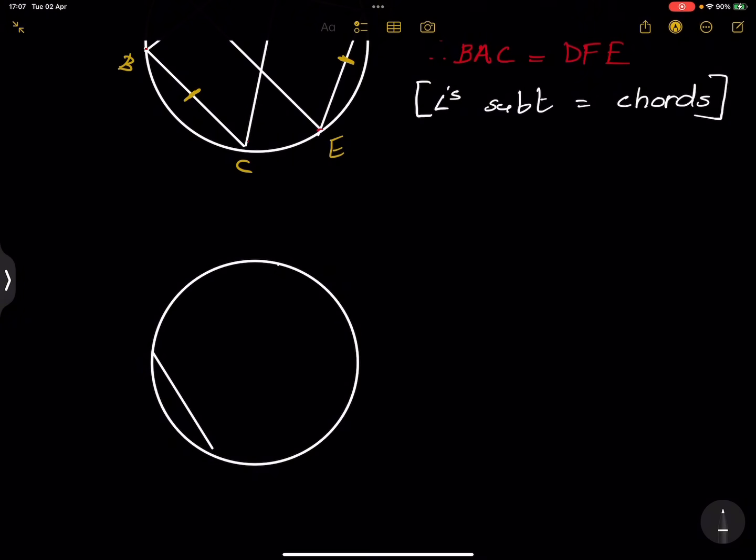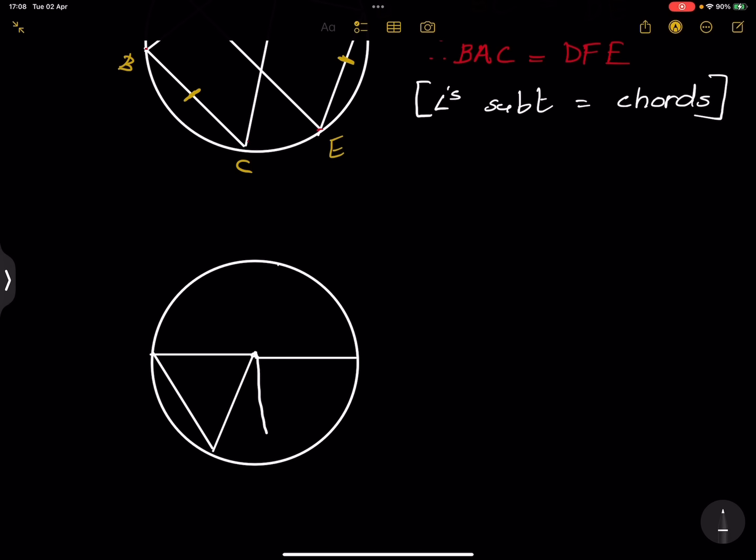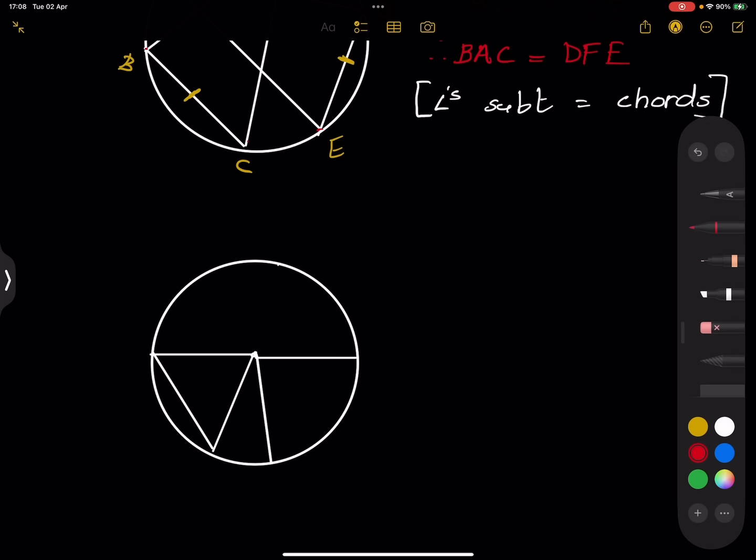So supposing again that I've got a similar situation. Okay, my lines are not behaving. All right, let's remove that line. Okay, so suppose I say to you, there it is.